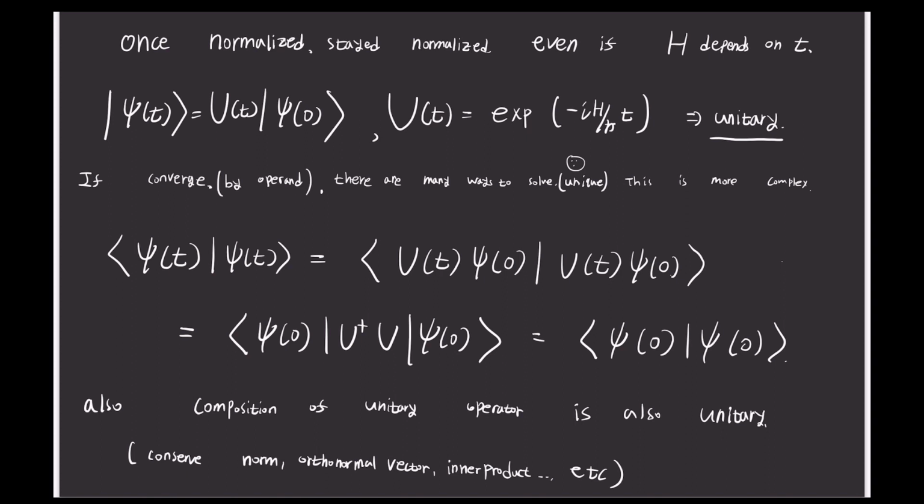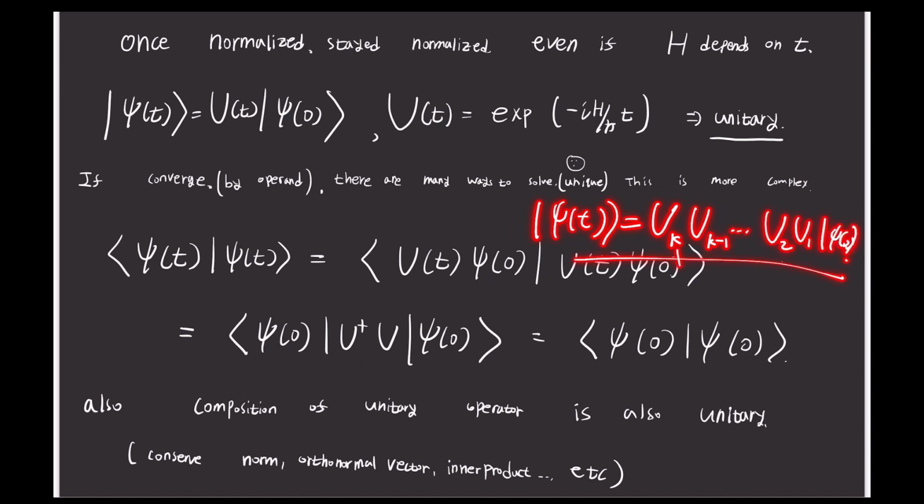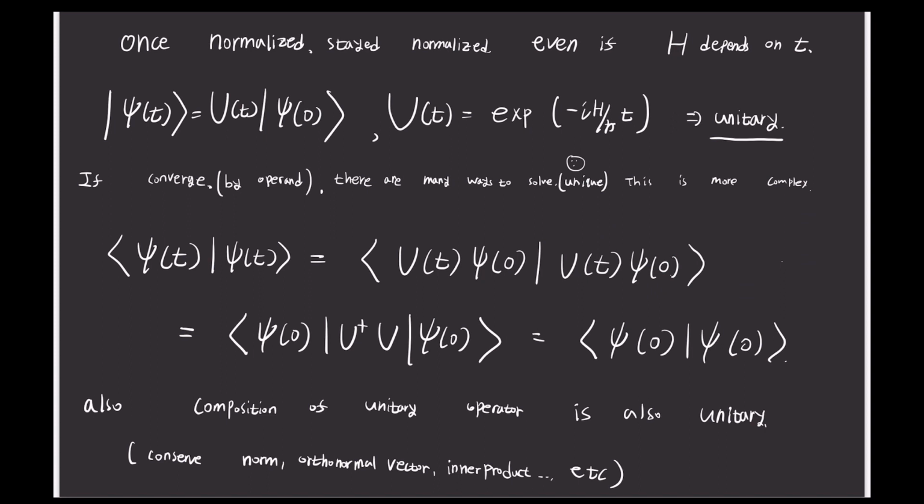So we can get the state vector as a composition of unitary operators, right? Like this, U_k, up to U_2, U_1, psi 0. This is infinitely many, but we can regard it as this.